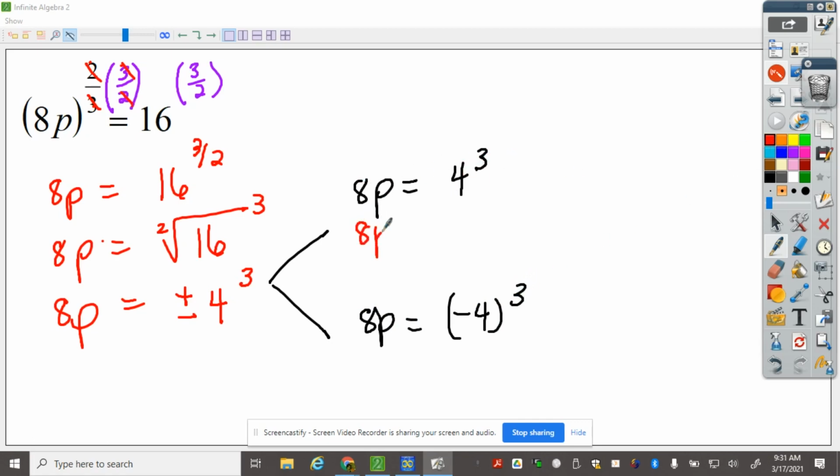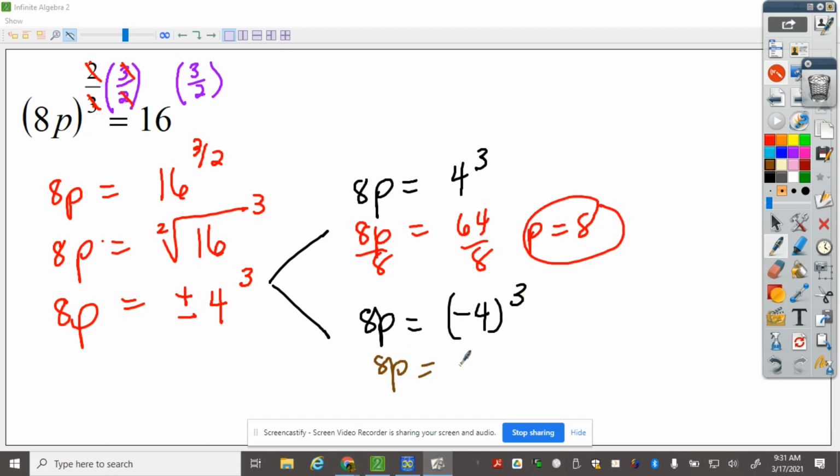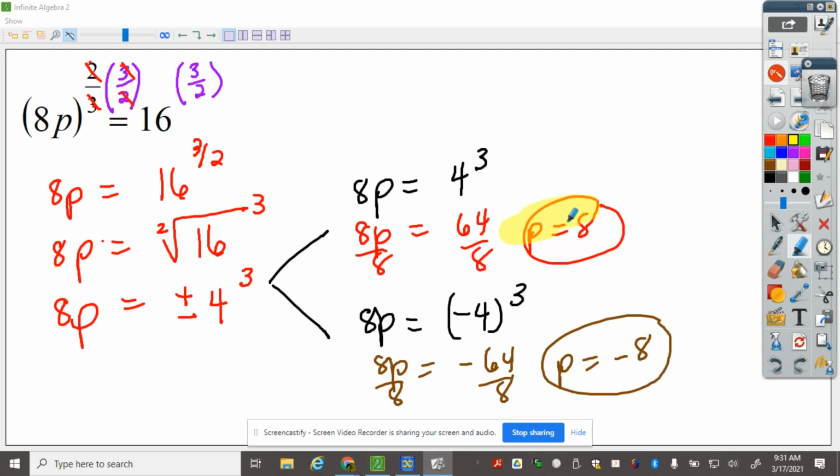It's 64. So 8p is equal to 64, divided by 8, divided by 8. So therefore, p is equal to 8 here. While here, negative 4 to the third power is negative 64, divided by 8, divided by 8. Therefore, p is equal to negative 8. So the answers are p is equal to 8, p equals negative 8. Kaboom.